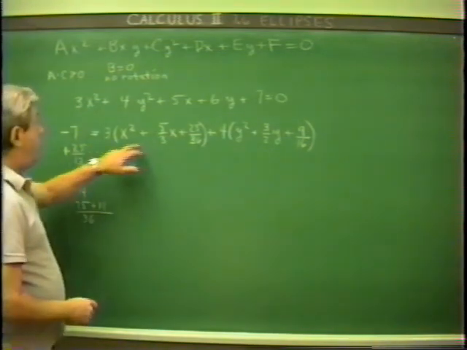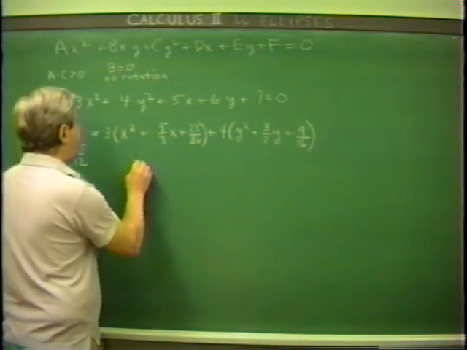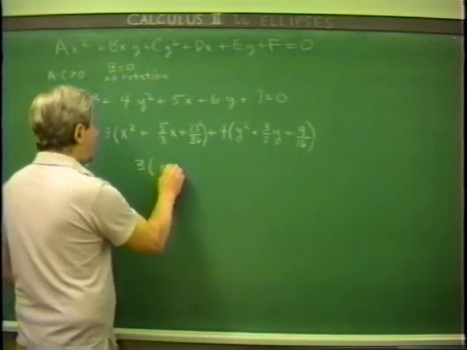And now we're supposed to subtract 7 from this, and this will give us a negative number. And now what's going to happen is, it's not possible to deal with a negative number.